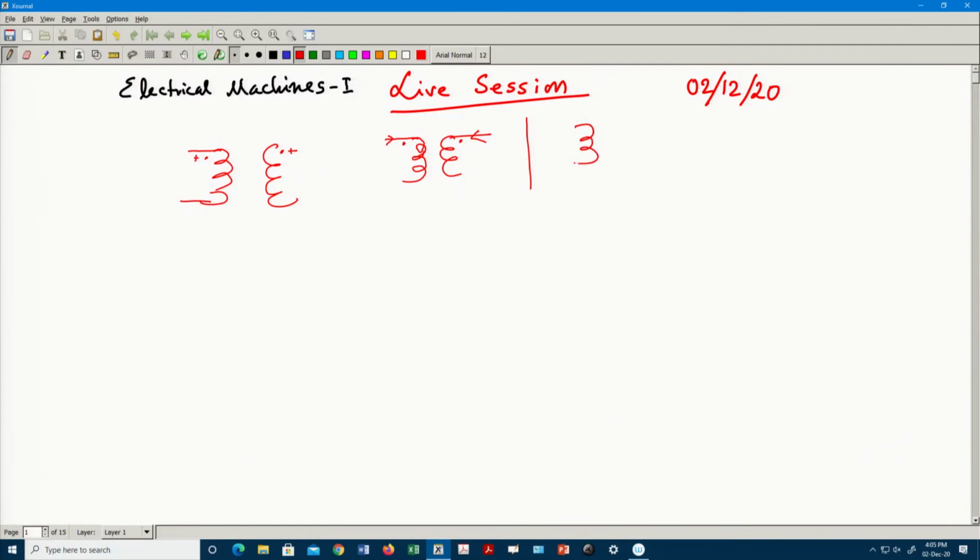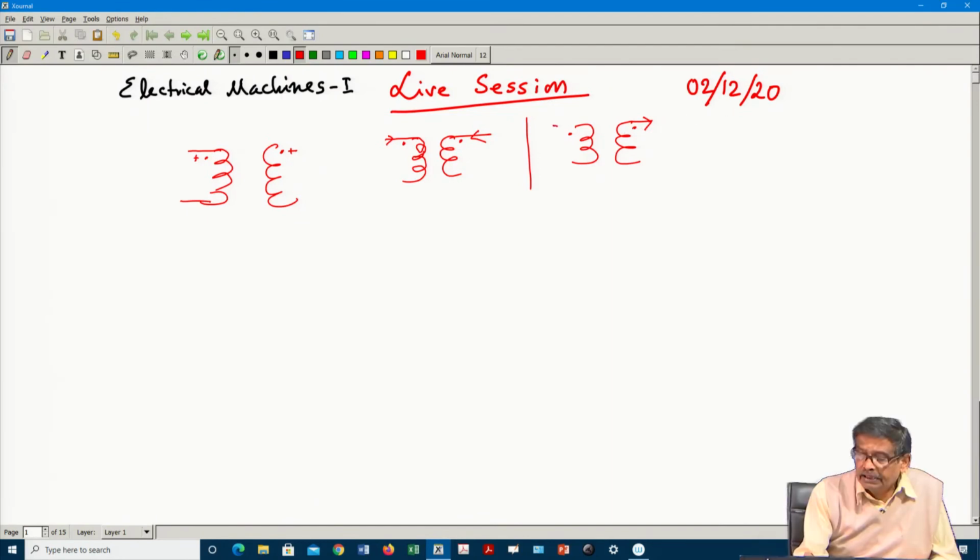Another thing: if these are the two coils, this is the dot, and you assume current comes out from the dot terminal of this coil, then there will also be a reflected current in this direction in the transformer, so that these two fluxes oppose and keep the flux where it was earlier.